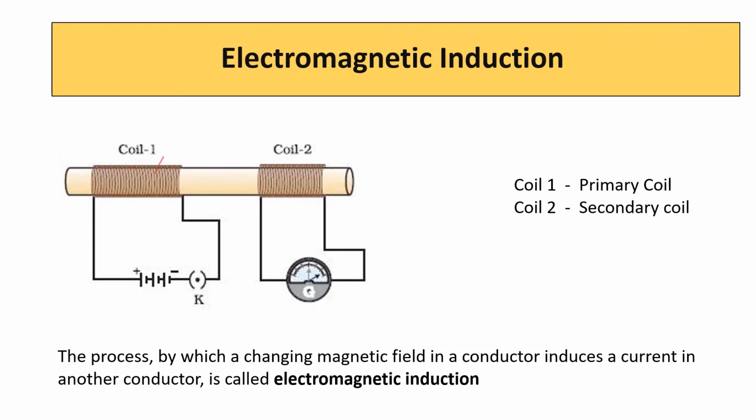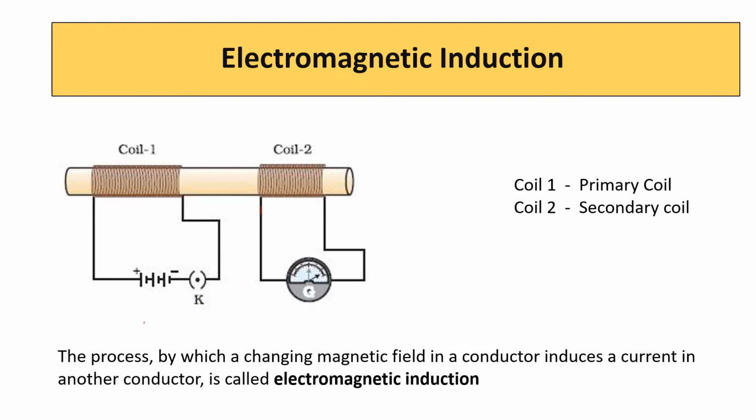If the magnetic field of this coil changes, the magnetic field lines of the other coil will also change. This change in the magnetic field lines produces the induced current. When the key is closed, the galvanometer deflects to one side and quickly returns to 0. When the key is open, the deflection of the needle will be in the opposite direction.